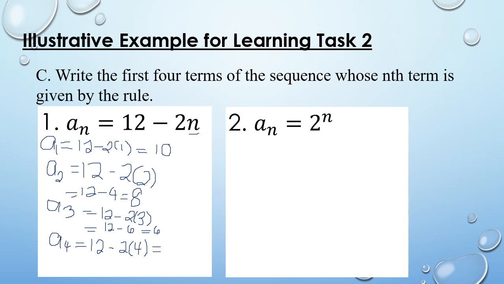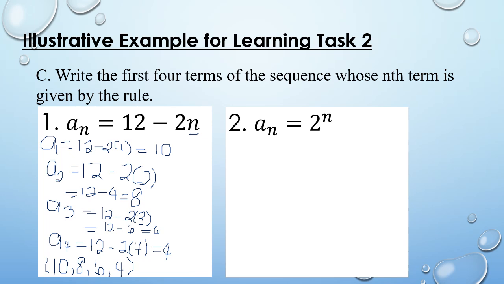So 12 minus 8 is 4. Our final answer is 4. So the first 4 terms are 10, 8, 6, and 4. Okay, very good.